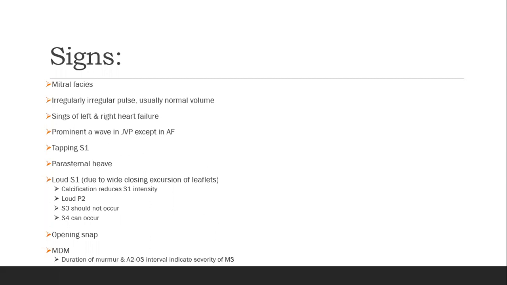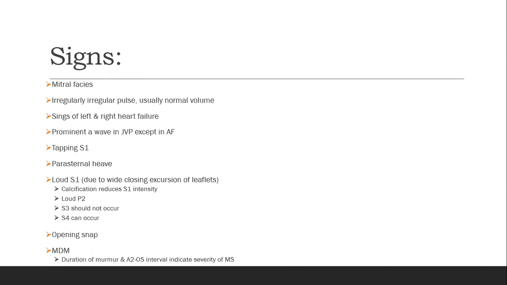Now tapping S1 is nothing but palpable S1. I told you S1 is a sound produced due to closure of the mitral valve. Here, I told you the mitral valve opens twice, right? It opens once during the early filling phase. During diastasis, it partially closes. And when the atrium contracts, the second time it opens.